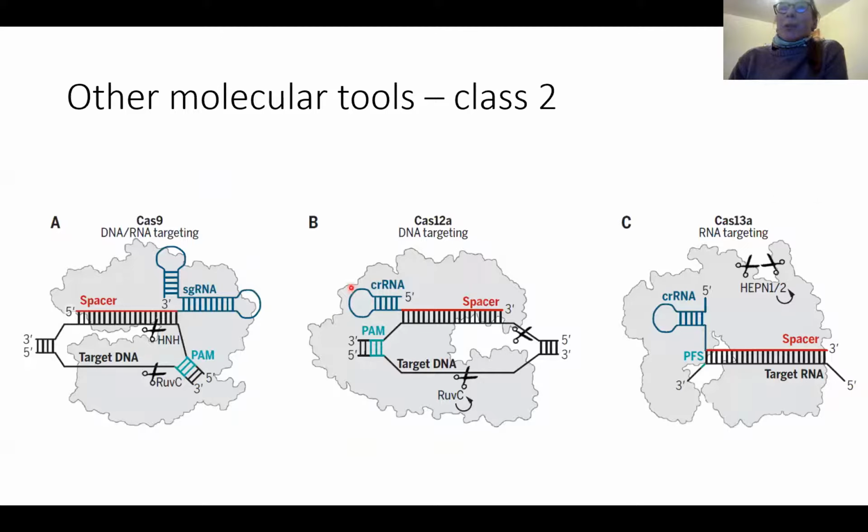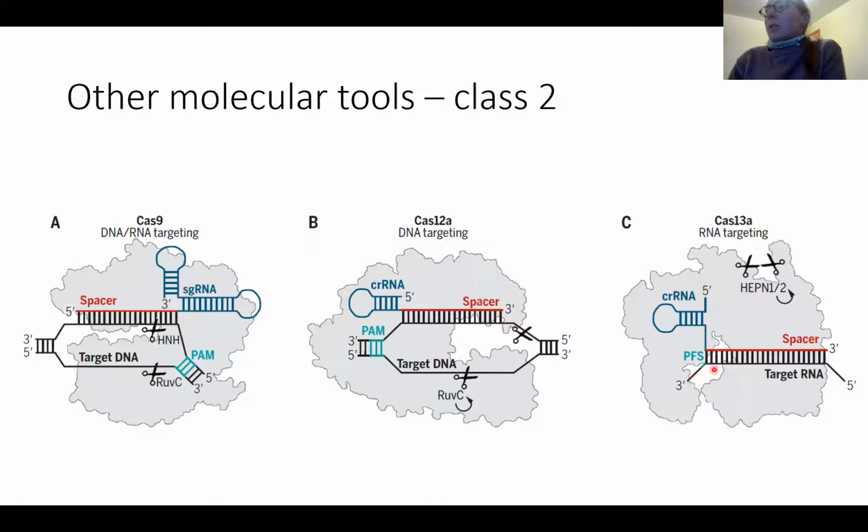And also other molecular tools. Cas9 leaves blunt ends. There is also Cas12, which leaves staggered ends on DNA and is also used for genome editing. And also Cas13, which is used for RNA cleavage.